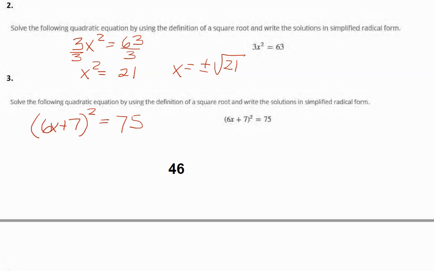Now another example, and I've written it up. Now the protocol is you take the square root of this side, anything that is squared, a base that is squared, by taking the square root of it, you just get the radicand.